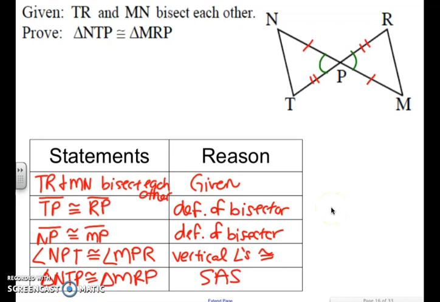So I named it MPT, and then you're going to have to start MPR to name those two vertical angles. Again, you can't say angle P because you don't know which one you're talking about. Okay, so the reasoning was vertical angles are congruent, and then lastly I have side angle side. So I wrote down this proof down here in the bottom left that I have proof that those two triangles are congruent. Okay. So proofs are really hard, okay?